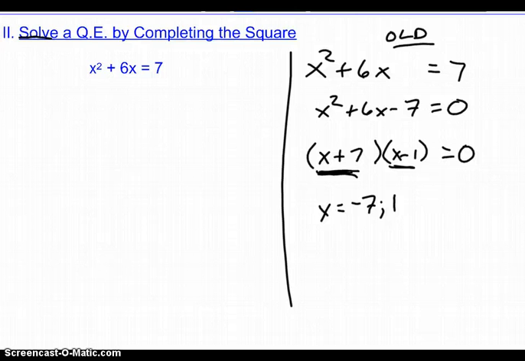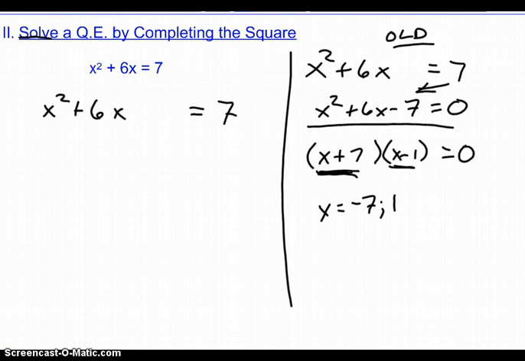Okay? So if I were to subtract the 7 from both sides, does this trinomial give you a perfect square trinomial? No. So instead of subtracting the 7, we're going to leave it right where it is. And we're going to find something to add to the binomial here to create a perfect square trinomial.